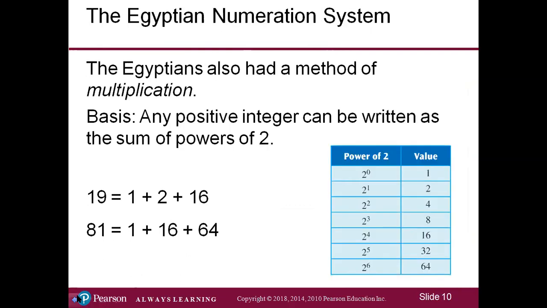So the way they would then double is they could multiply 19 times 2 and they just write the next power of 2 symbol down.